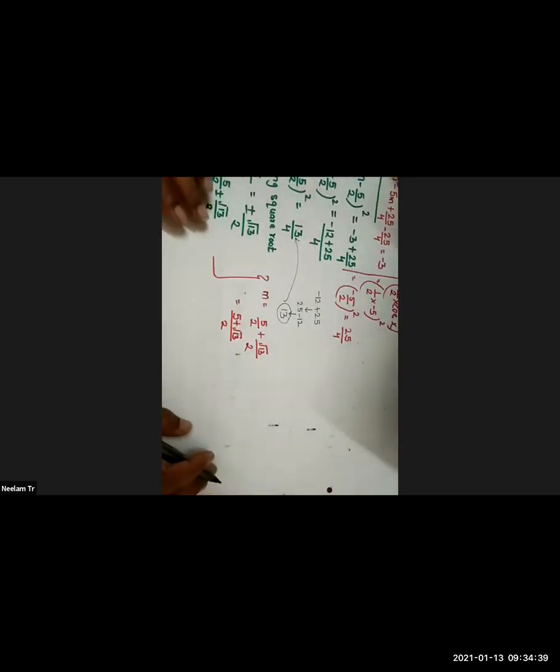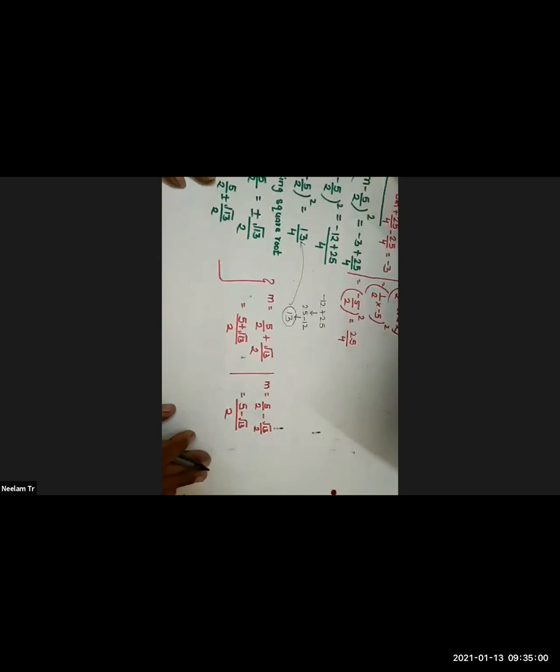The second root will be m equals 5 by 2 minus root 13 by 2, finally 5 minus root 13 by 2. If you are sure about it, you can skip this step and directly write 5 plus root 13 by 2, 5 minus root 13 by 2. Just for your understanding, I am writing this step.